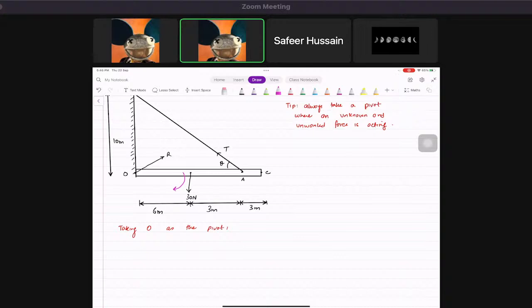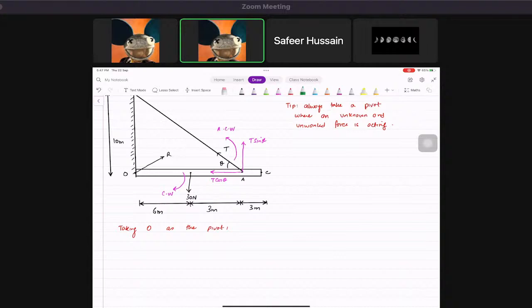This will turn it clockwise. This will have two forces, two components. So this is t sine theta, this is t cos theta. So t sine theta will try to turn it this way, which is anti-clockwise, and there's no other force really.